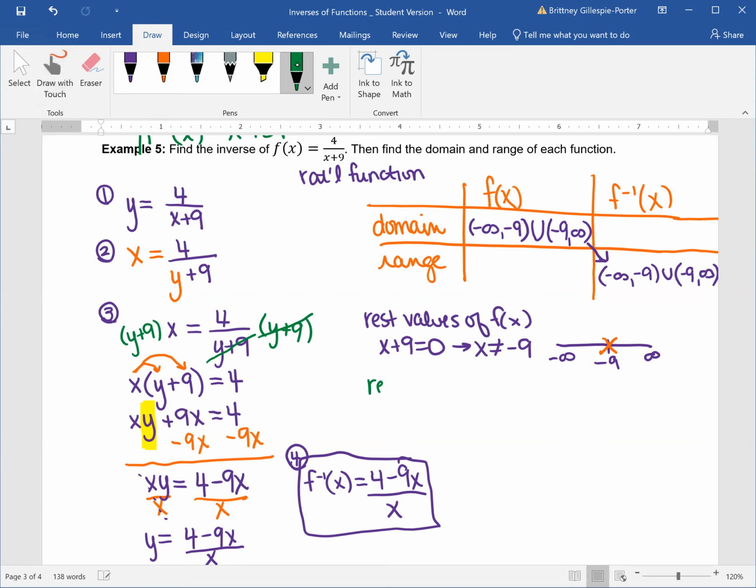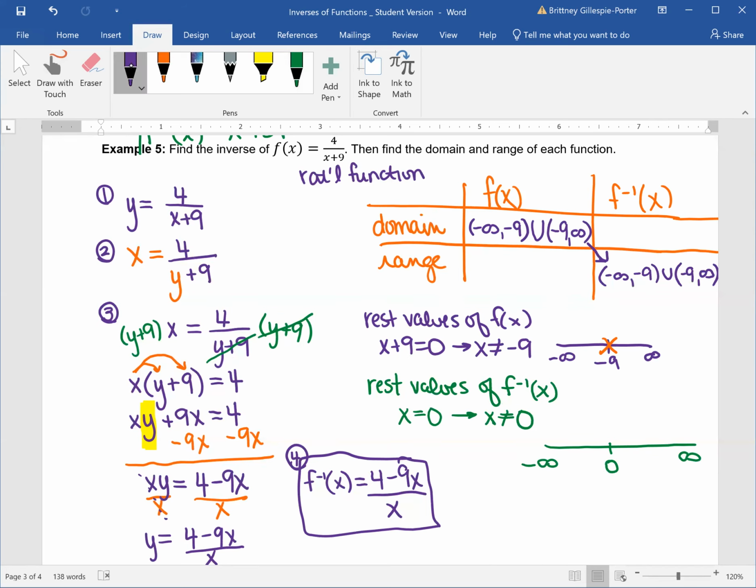Let's look at our restricted values of our inverse. Take your denominator, set it equal to 0. We find out that x cannot be 0. So negative infinity to 0 on up to infinity, remembering that we cannot be 0.